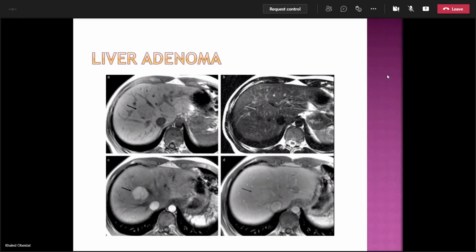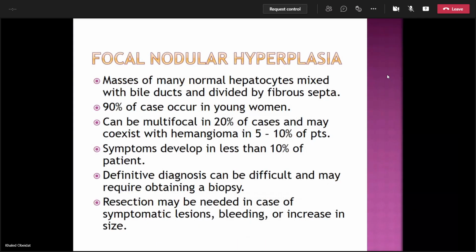We can differentiate it by MRI from hemangioma, but we also have to differentiate it from another benign tumor that we will talk about, which is focal nodular hyperplasia.